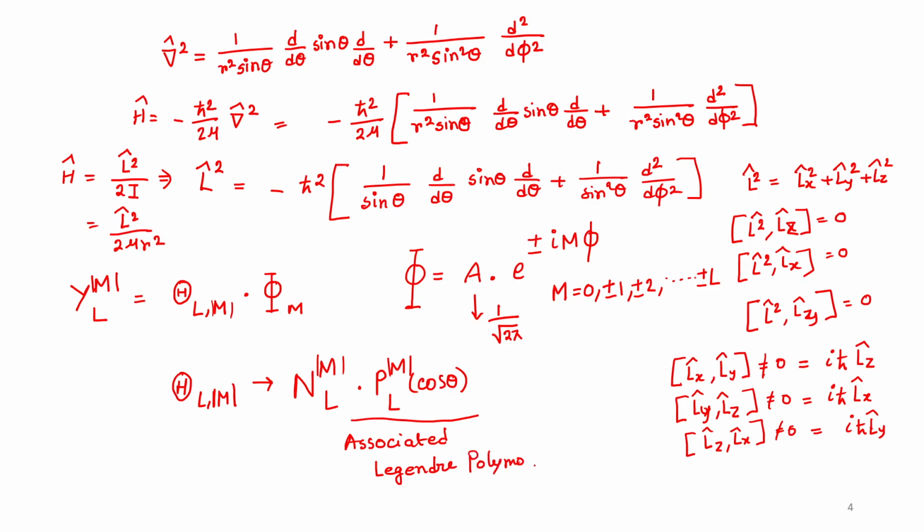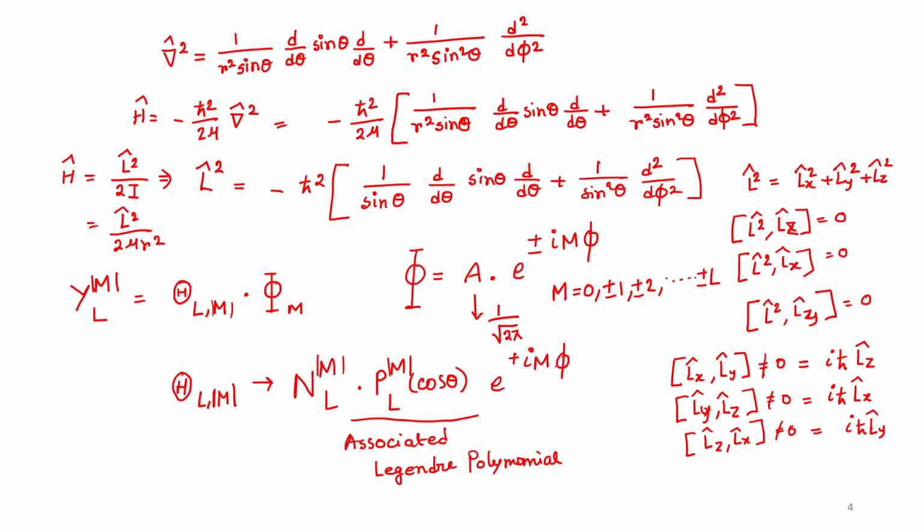Earlier, in the case of the harmonic oscillator, we were introduced to Hermite polynomials. Now in the case of the spherical harmonics, we are going to have another kind of polynomial in the solution of this Schrodinger equation, that is associated Legendre polynomials, and obviously e to the power plus minus i m phi.